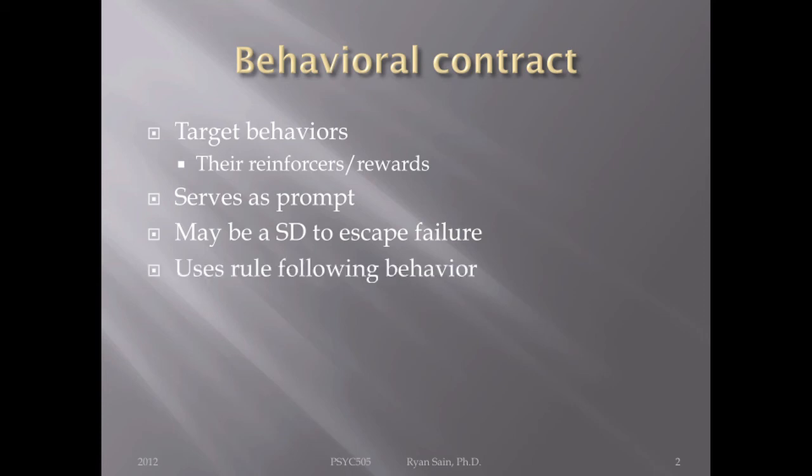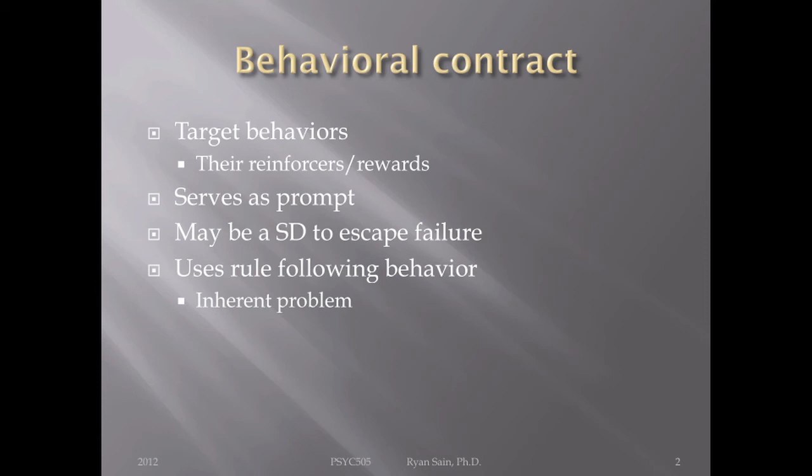All right. Right off the bat, it uses rule following behavior. That is the whole core here, which has an inherent problem. It's pretty straightforward: if you can't follow rules, then how would a behavioral contract work? Well, what do you mean by that, Ryan?